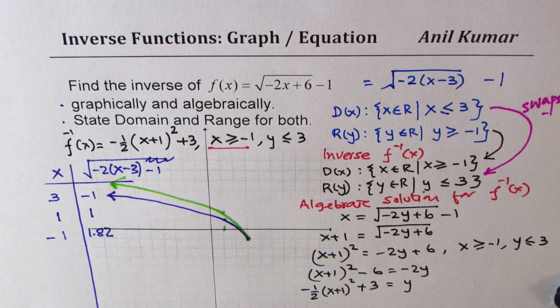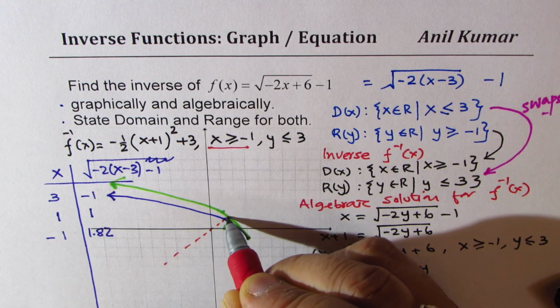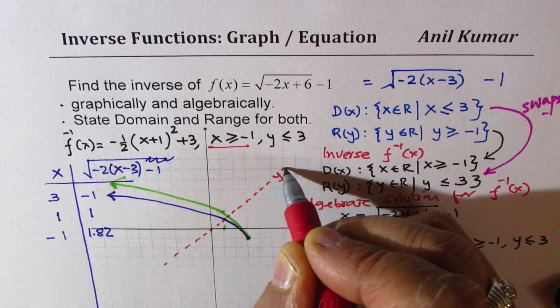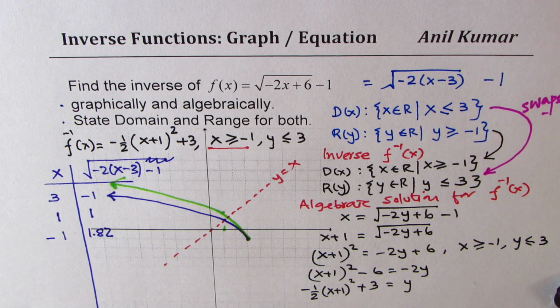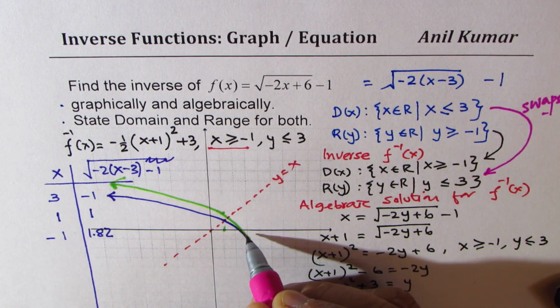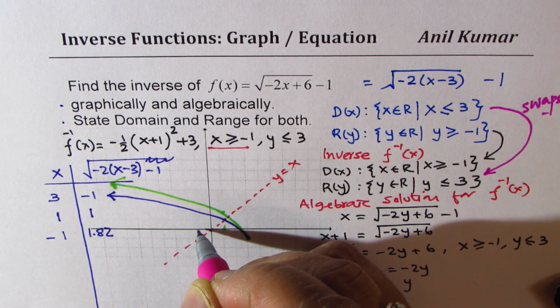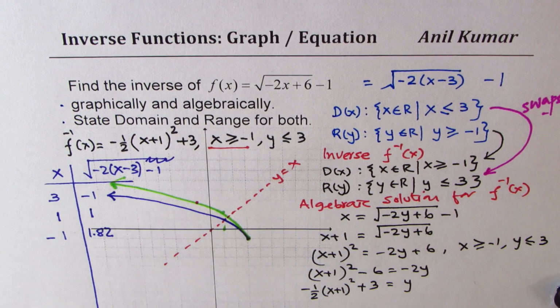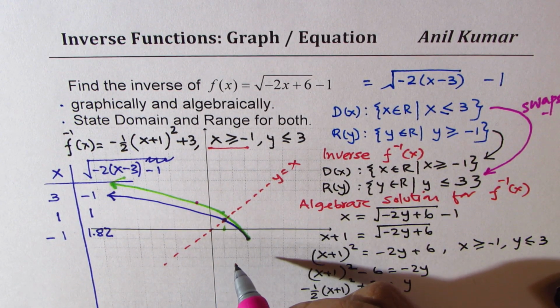To get the graph of the inverse function, we could draw a line y equals x, right there. And we are going to reflect each point on this line. Reflecting the first point, which is at 3, minus 1, we get minus 1, 3, which is kind of here. And this is the point which is invariant.